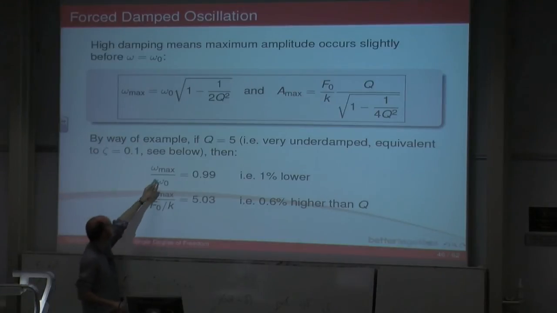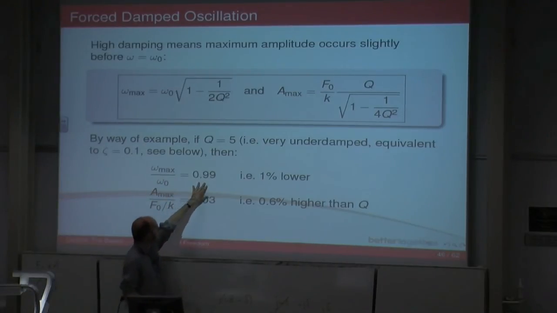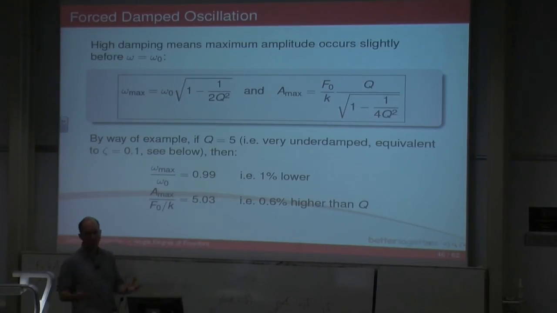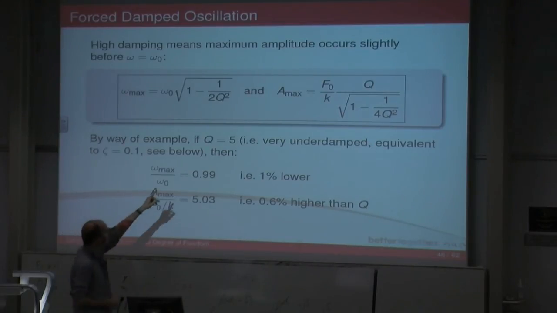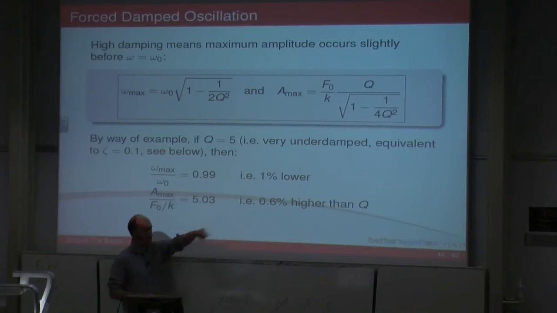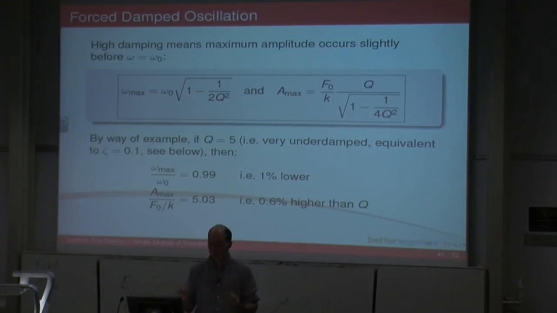If you work out omega and omega naught, you can see that we're 0.99 of omega naught. So it's 1% lower. Not much really in the grand scheme of things. And if you take the maximum amplitude at that point and divide it by the static amplitude, if you remember, maximum was Q times the static displacement, or here, Q is 5, we get 5.03, so 0.6% higher than Q. So it's minuscule.